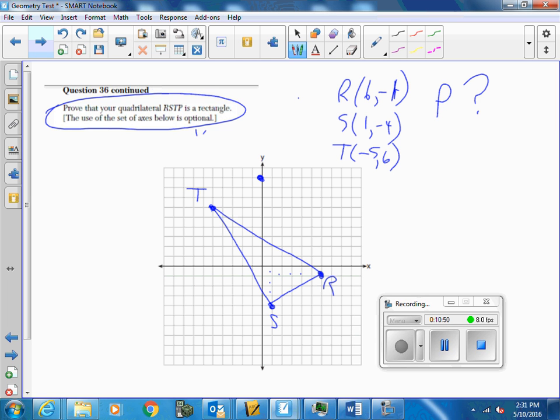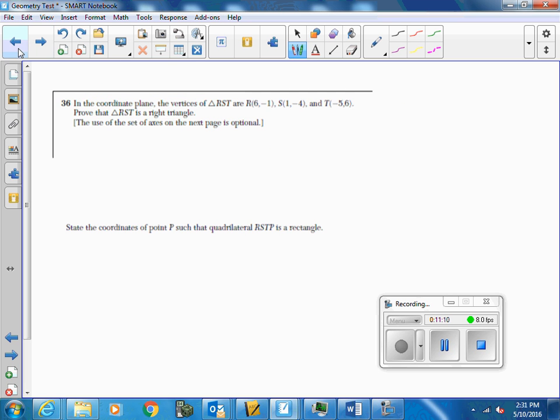And that's going to be our point we need to make the rectangle. And that's point P, but we have to prove it. We can't just say it. So make sure and write that point where they ask you to write it. So it says state the coordinates. There are the coordinates of point P.